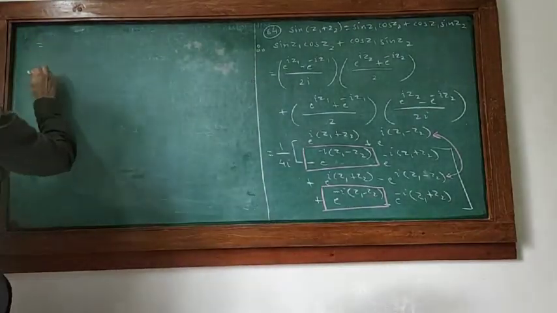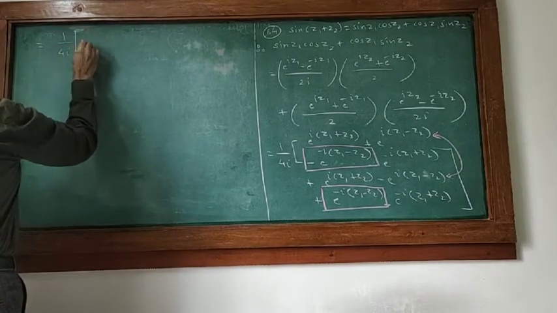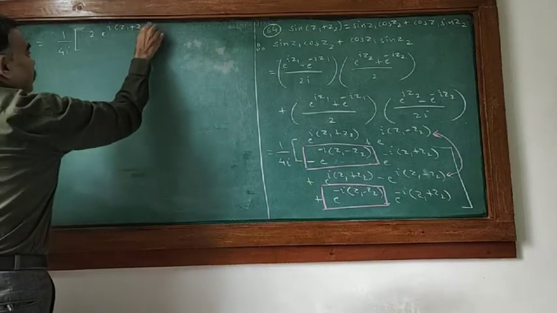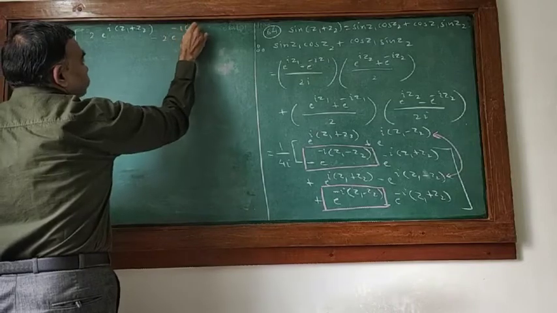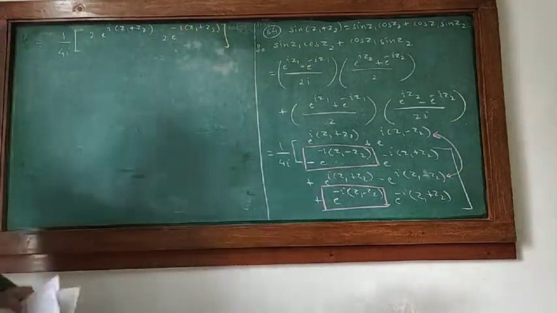So this is equal to 1 upon 4i times 2 e raised to i(z1 plus z2) minus 2 e raised to minus i(z1 plus z2).